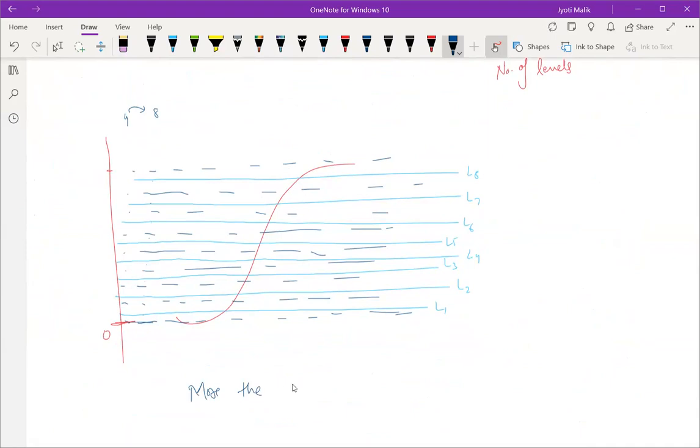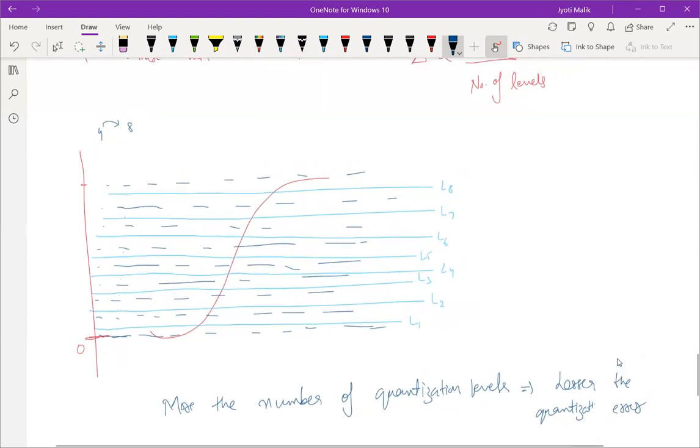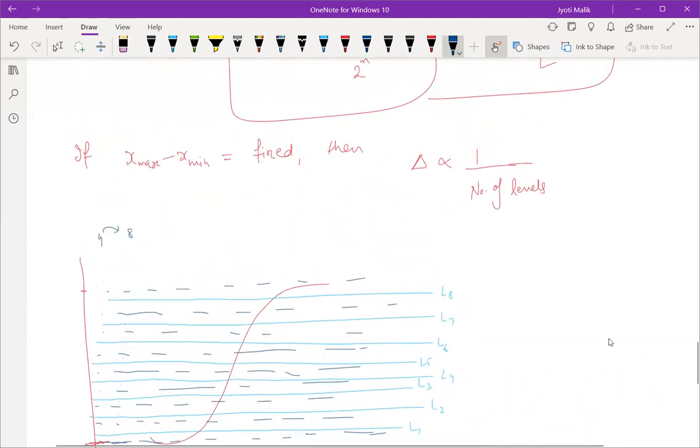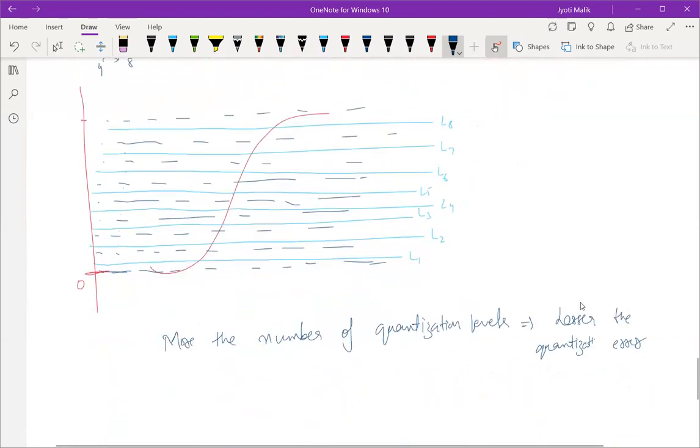More the number of quantization levels means lesser the quantization error. But the problem is the number of bits.